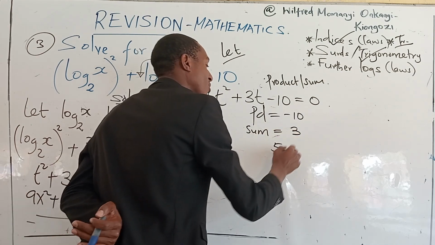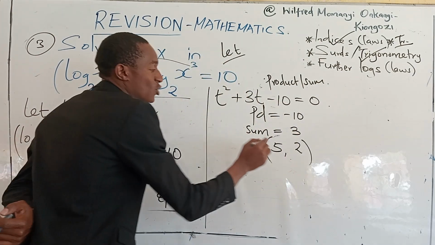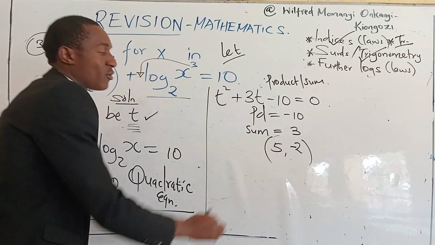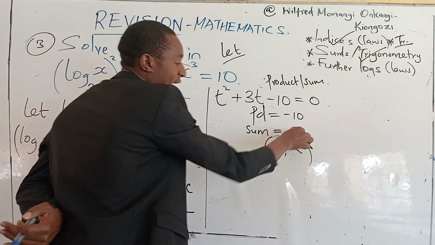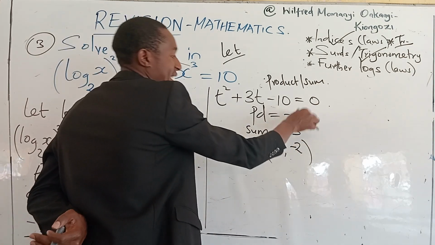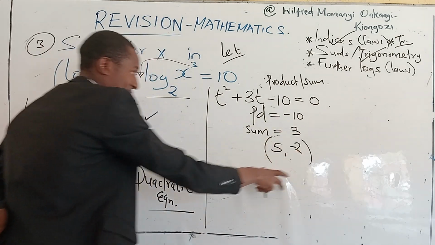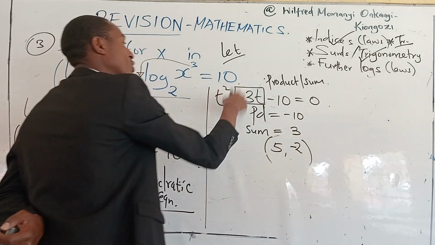The values are 5 and what? And 2, but 2 must be a negative. So that if you add 5 plus negative 2, you get 3, and 5 times negative 2, you get negative 10. So you take these values and arrange them in the position of b.